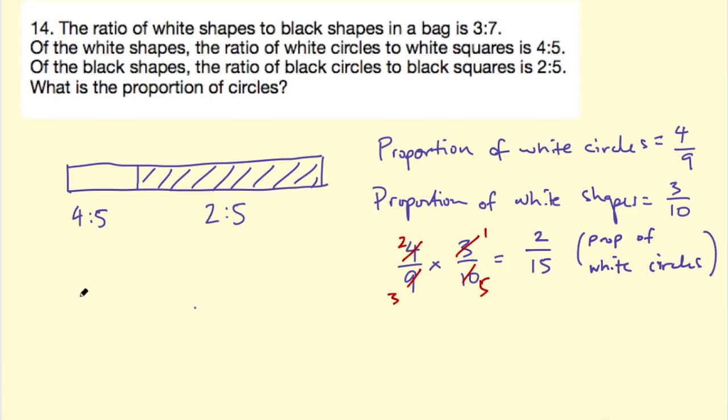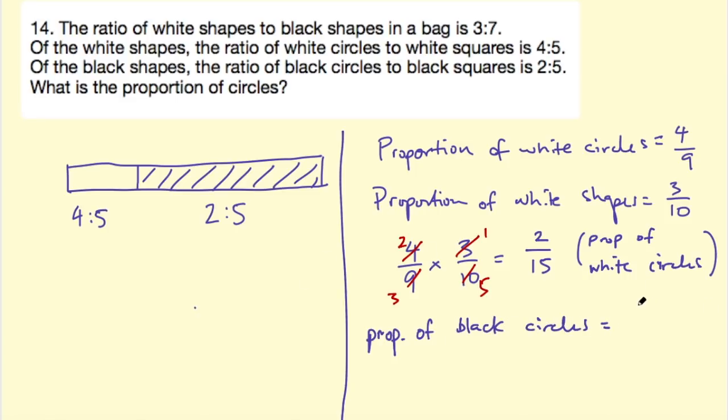Now I need to do the same thing for black. So the proportion of black circles would be 2 over 7.